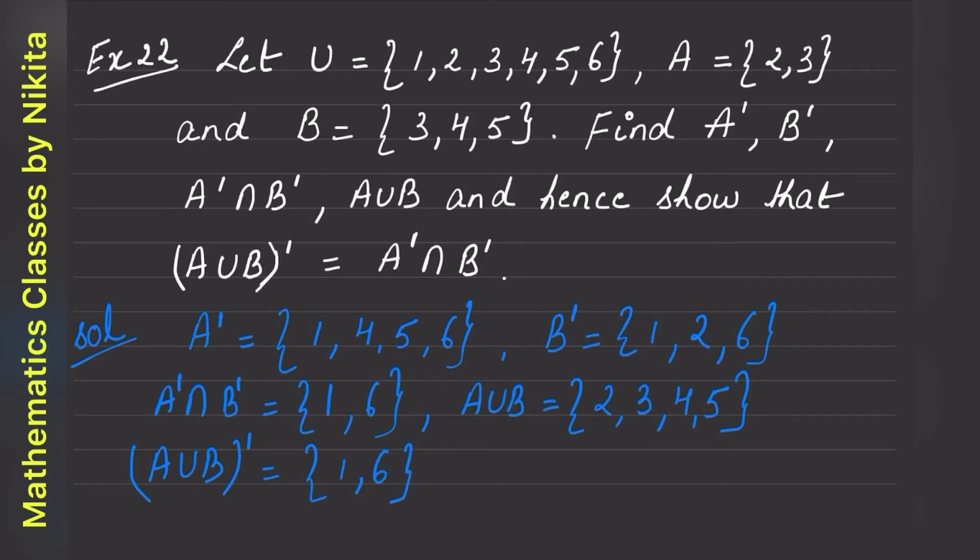And now you can see that, note that A complement intersection B complement is equal to A union B whole complement. So thus proved. In fact, this is not true in just this question. This is a property. This is known as De Morgan's law. We will be studying later on. So basically this says that complement of union of two sets is equal to intersection of their complements.